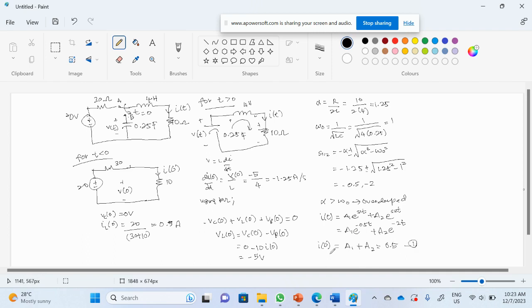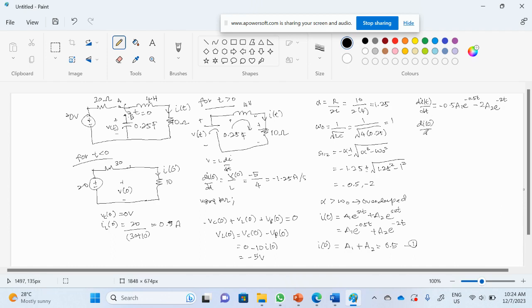So you have the first equation. To get the second equation, you have to differentiate I. So di dt equals to differentiating this: negative 0.5 A1 exponential negative 0.5t minus 2 A2 exponential negative 2t.